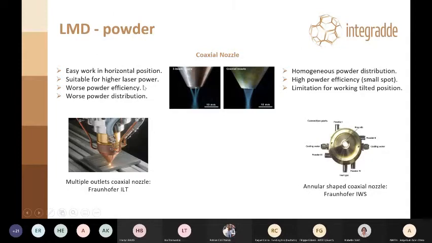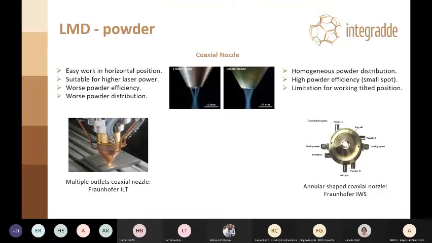On the contrary, well, there are also some nozzles that instead of 3 use a 4 beam nozzle. But in this case, this coaxial nozzle with several powder flows or powder beams can easily work in horizontal position, not only vertical or tilted. You can go to horizontal position.